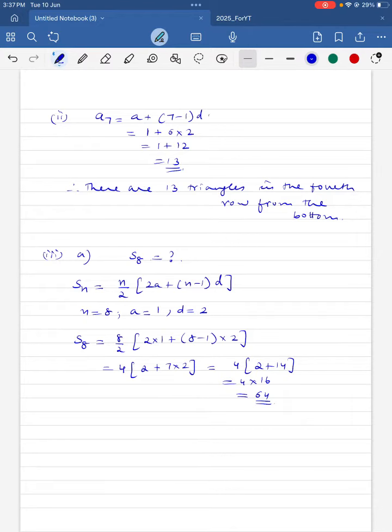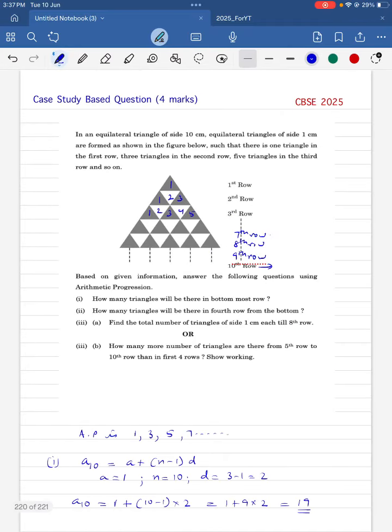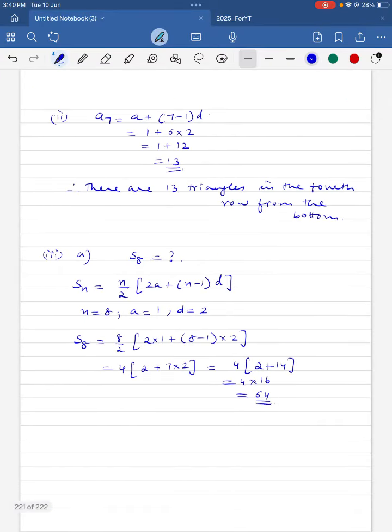Now in the OR part, they've asked you to find out how many more triangles are there from the fifth row to the 10th row than in the first 4 rows. Okay, so we'll have to find out the number of triangles from the 5th row to the 10th row, which I can find out by subtracting S10 minus S4.